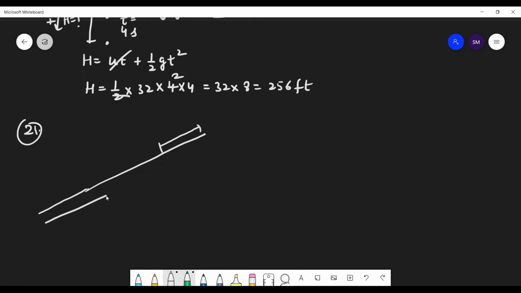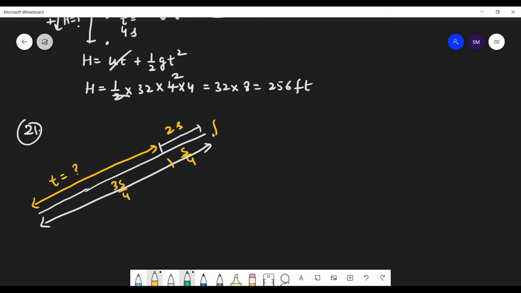Suppose the whole distance is S. So this is S by 4, and this is 3S by 4, isn't it? So the time taken here is 2 seconds. So further, how much time will it take? This you have to calculate. And this is frictionless.